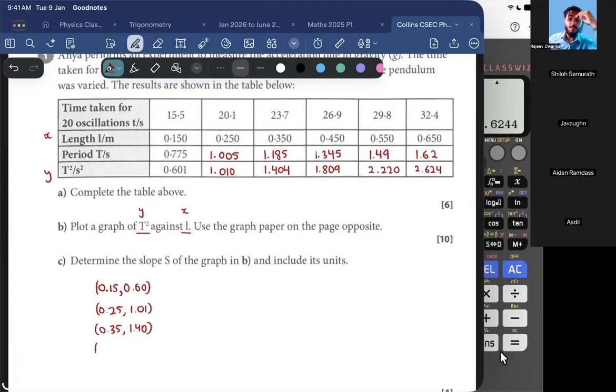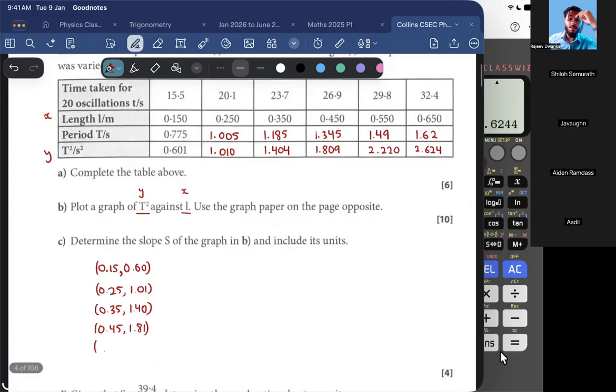Then we have 0.45 and 1.81. Then 0.55 and 2.22. Then 0.65 and 2.62.